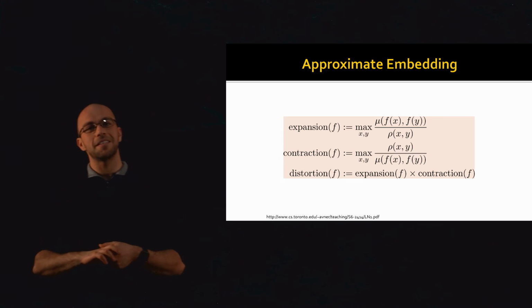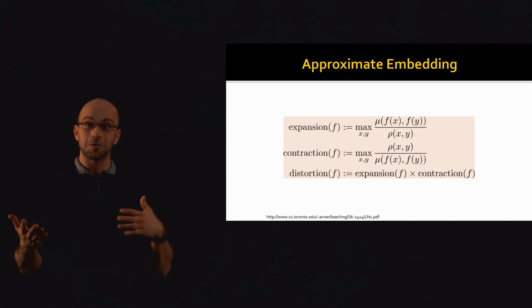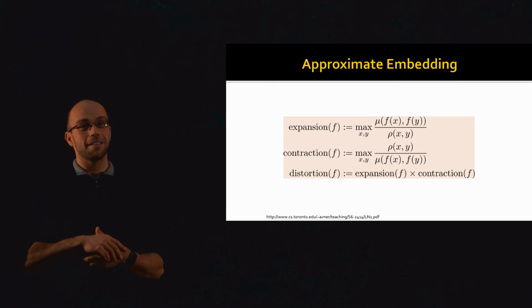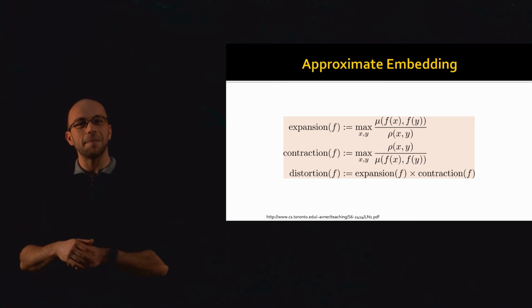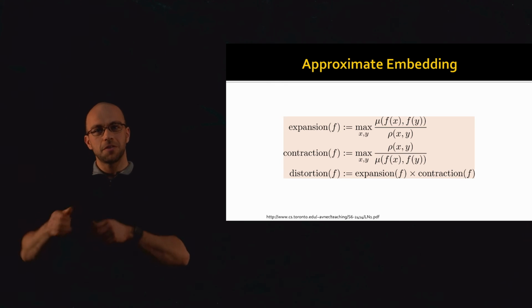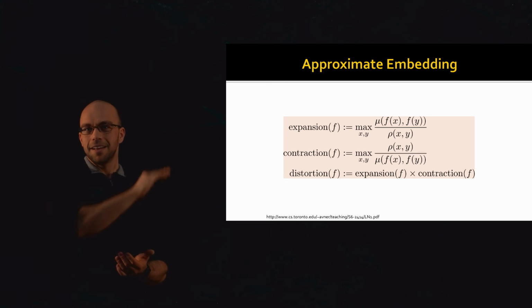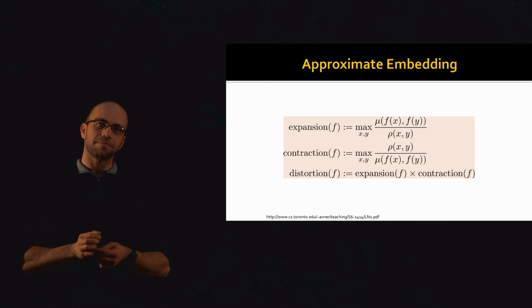So if my map were an isometry, that max would equal 1, right? Because by definition, an isometry is going to have the numerator and the denominator of this fraction be the same. But if f distorts things by moving them farther apart, then the numerator will be larger than the denominator, and that max will increase.